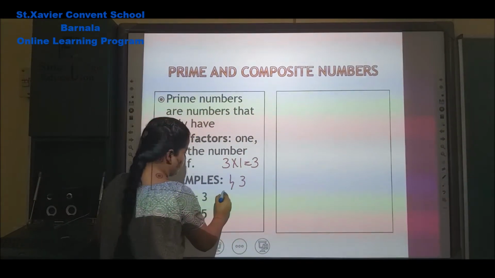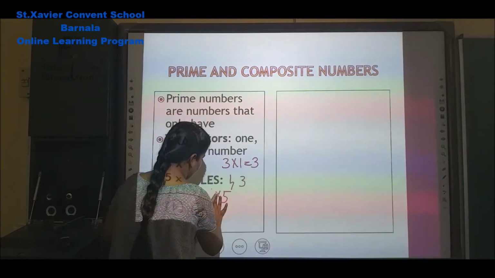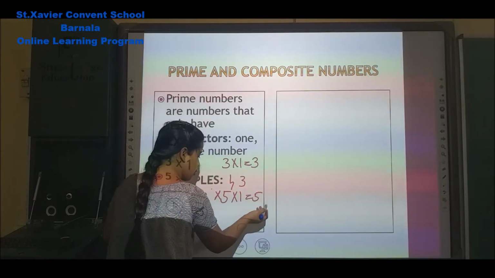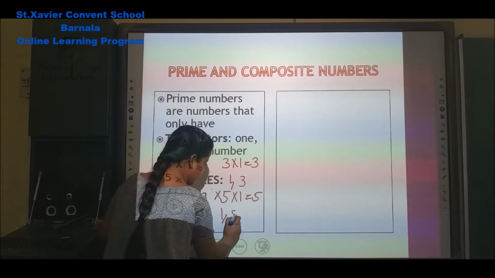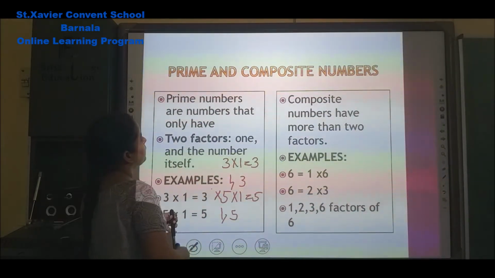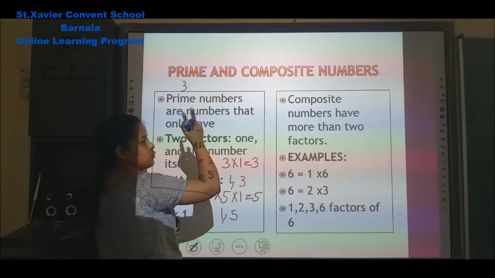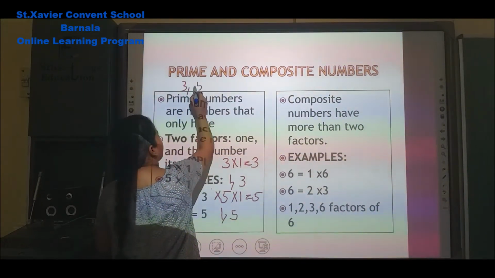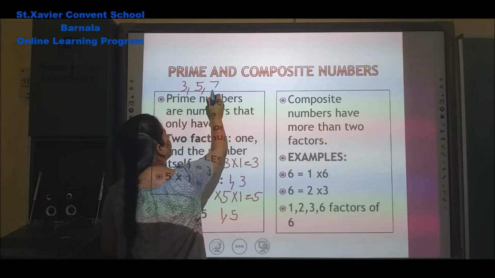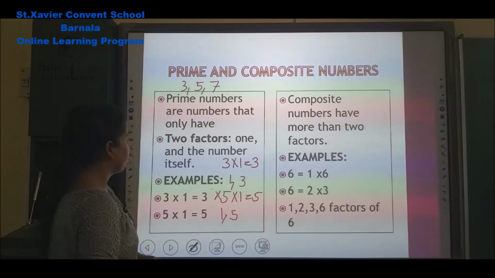Like this, we have 5. 5 multiplied by 1 is equal to 5. It also has two factors, 1 and 5. 7 also has factors 1 and 7.